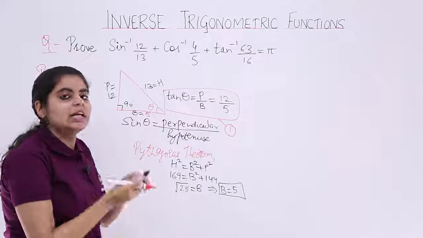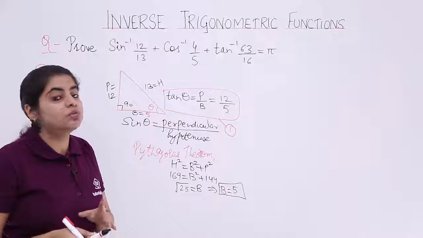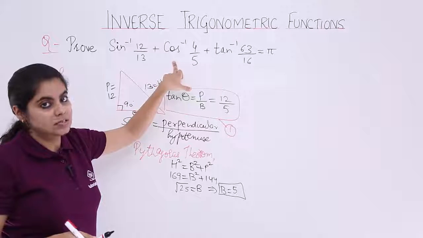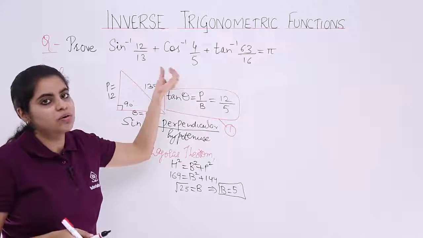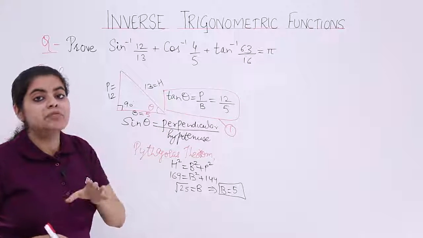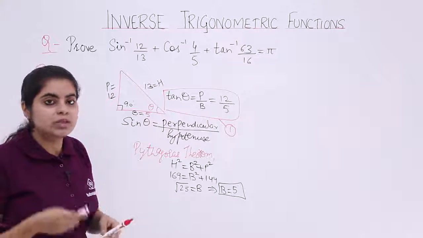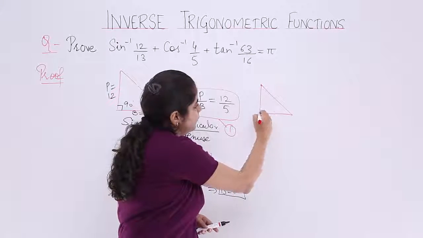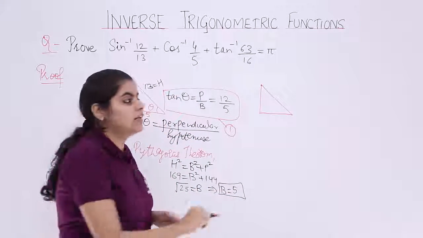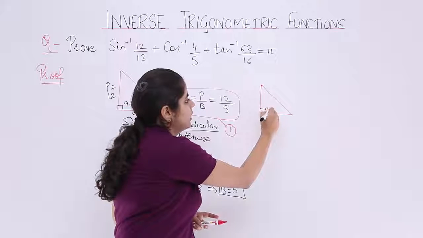This is done. The same procedure you are going to follow for cos inverse. Again a right angle triangle, again taking that theta or phi into consideration, again finding tan inverse. Let's do it quickly. We again have a right triangle, and this right triangle will have one angle as 90 degree.